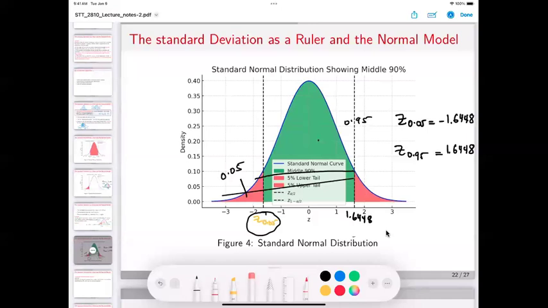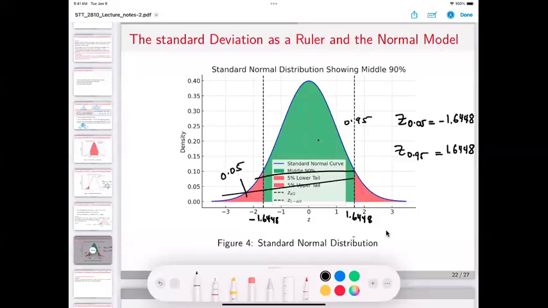And then in place of Z 0.05 here, I could put negative 1.6448. Does that make sense?